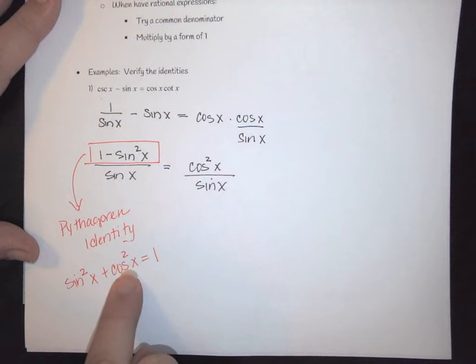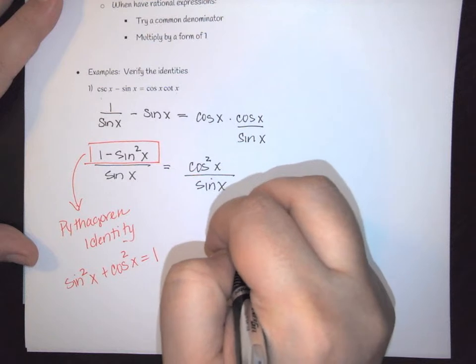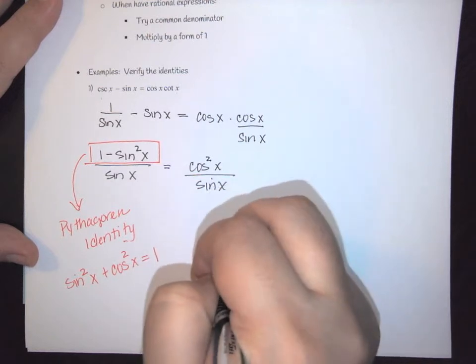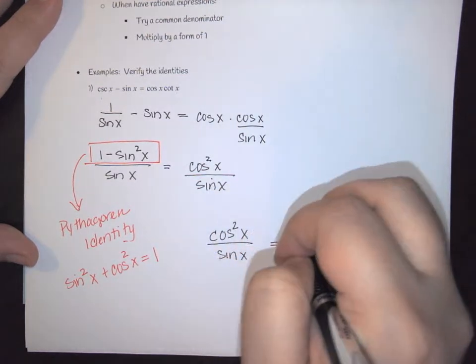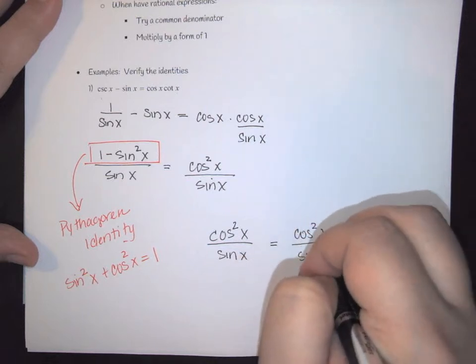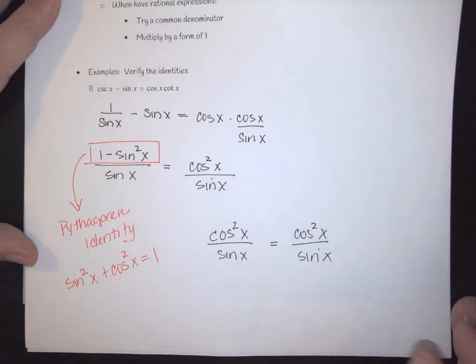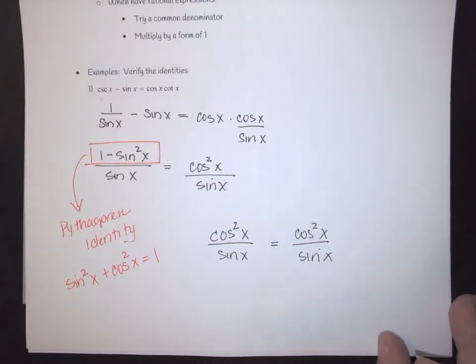That leaves it equal to the cosine squared of x. So I end up getting the cosine squared of x over the sine of x is equal to the cosine squared of x over the sine of x. Since both sides equal each other, I have finished. That verifies the identity.